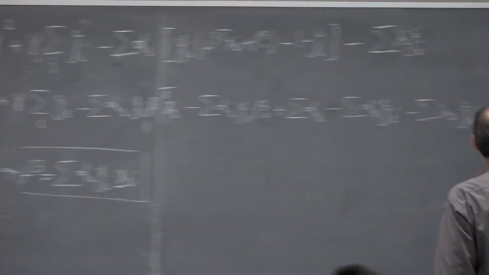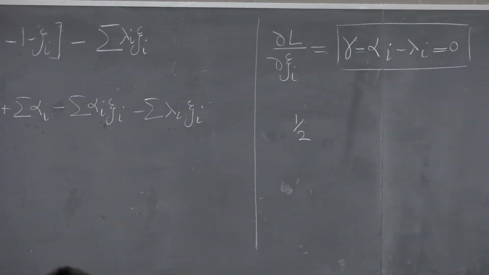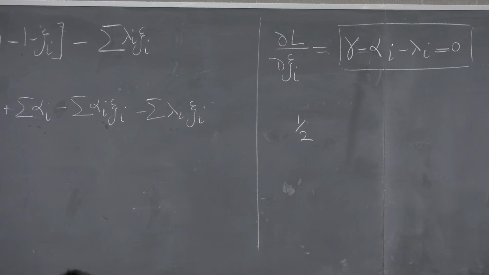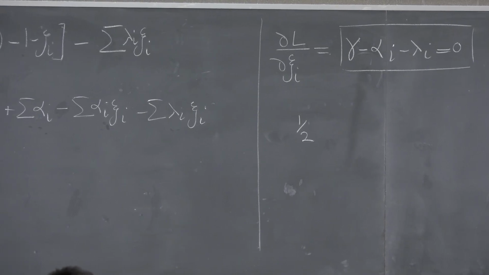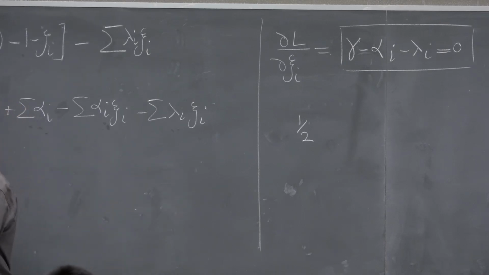For the first term, I have 1/2 beta squared, which is beta transpose times beta. So it's sum alpha_i y_i x_i transpose, times another sum alpha_i y_i x_i.